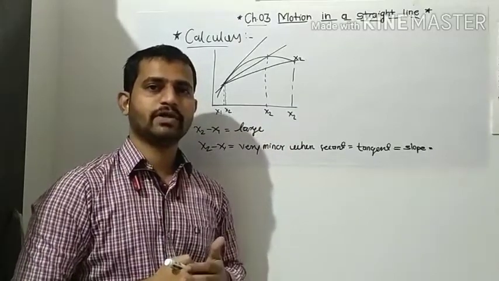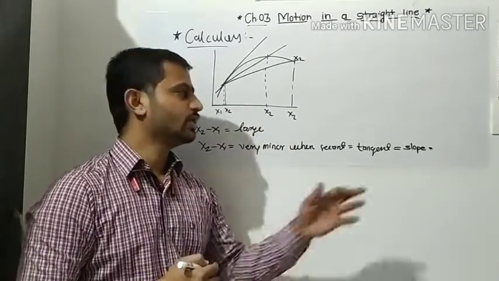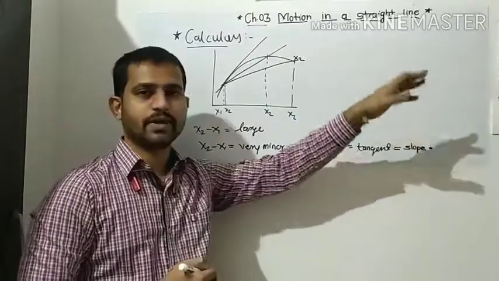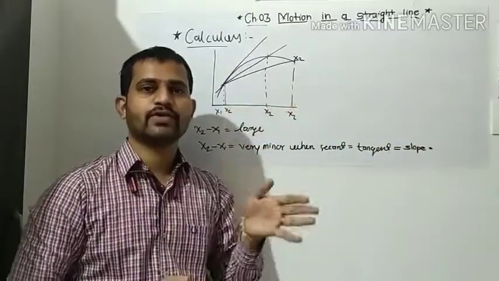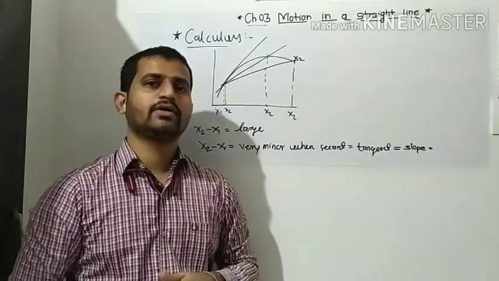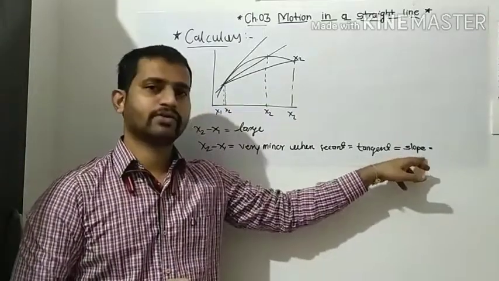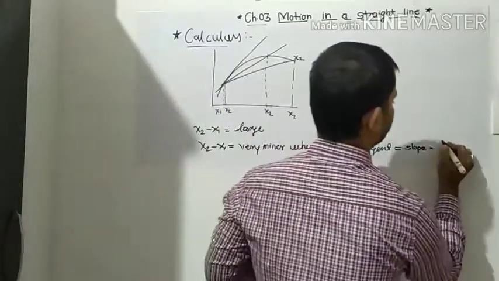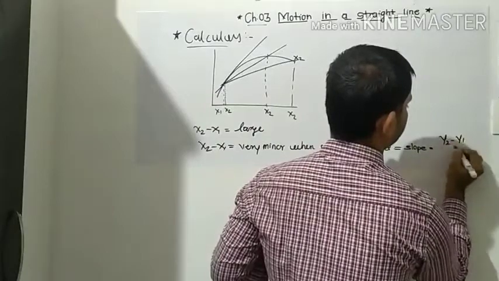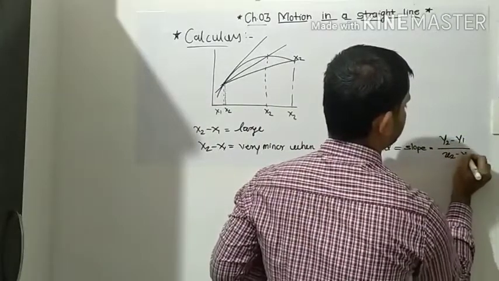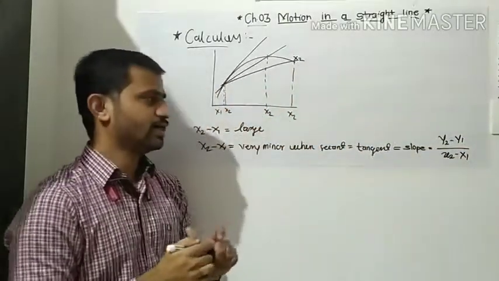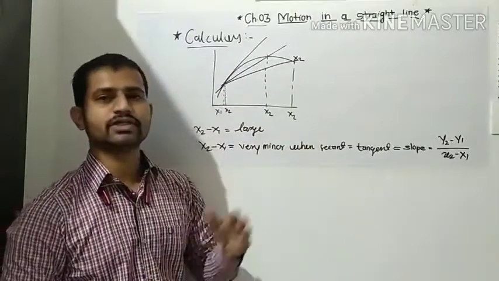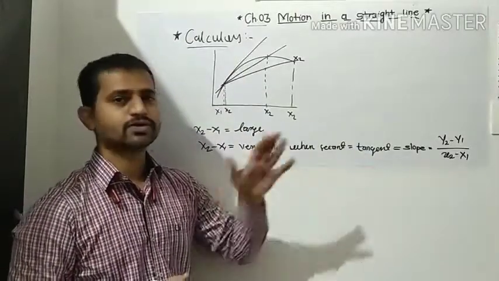If we consider the perpendicular as y2 minus y1 and the base as x2 minus x1, then y2 minus y1 upon x2 minus x1 gives us the value of the slope.